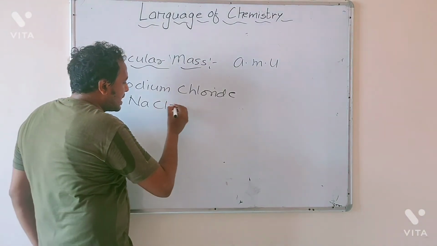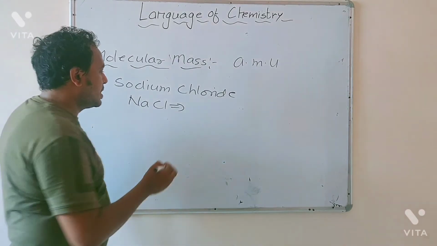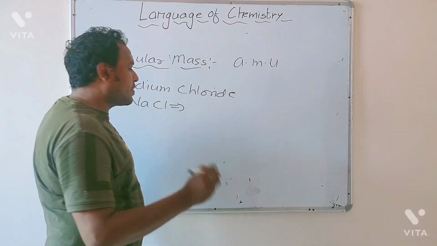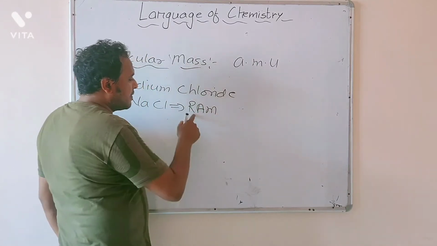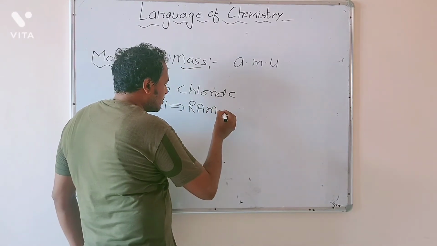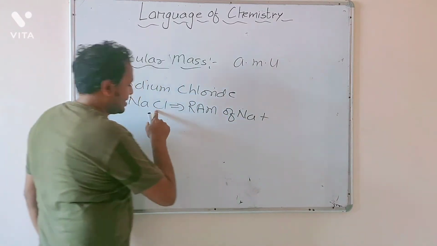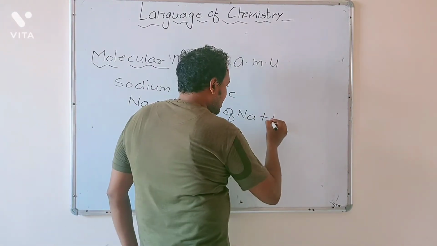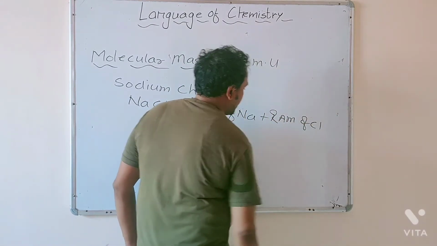First of all, we should know the relative atomic mass, and we use the short form RAM, of sodium plus the relative atomic mass of chlorine.